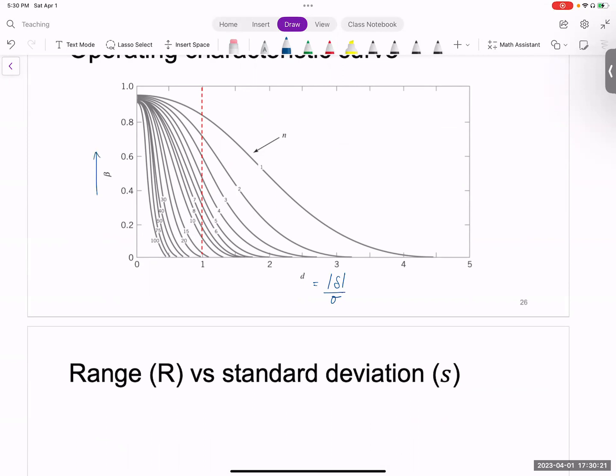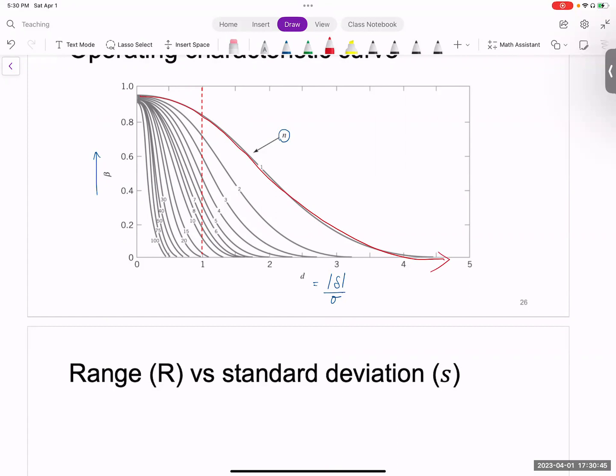Y-axis is your type 2 error or beta. And you can see here that if n is fixed, as the value of delta increases, type 2 error decreases, because we basically track this path. As we move to the right, you see your type 2 error decreases, your delta increases.